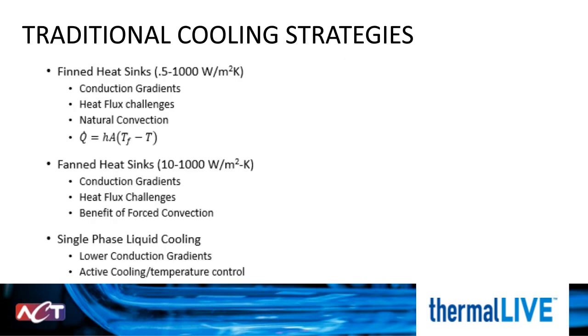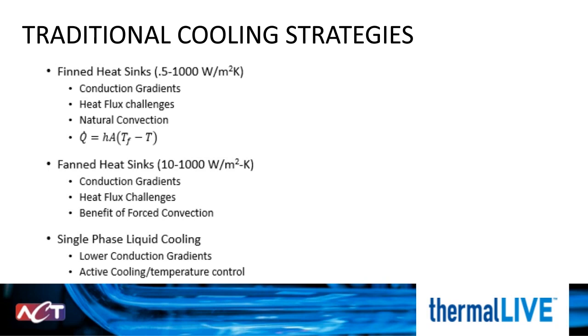Typically, the industry turns to an off-the-shelf solution for thermal control. These solutions include the standard aluminum finned heatsink that relies on conduction for thermal spreading and natural convection to dissipate the heat. That finned heatsink, however, is limited by extreme conduction gradients and high heat fluxes in those newer, high-powered power electronics. The next tier for thermal management is an off-the-shelf fanned heatsink.